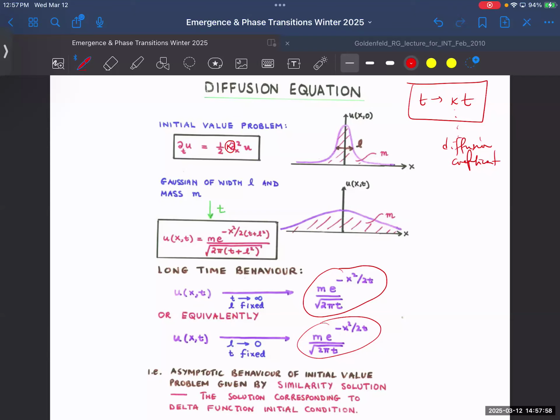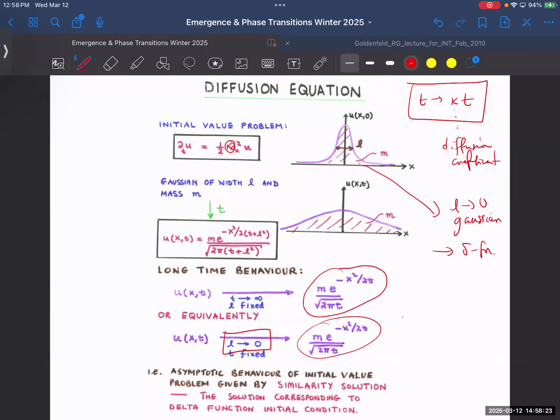And the similarity solution is the solution that corresponds to L going to 0, which means that if I take a Gaussian and take L goes to 0 of a Gaussian, that just goes to a delta function. So the solution from a delta function initial condition actually controls the long time behavior of this differential equation.